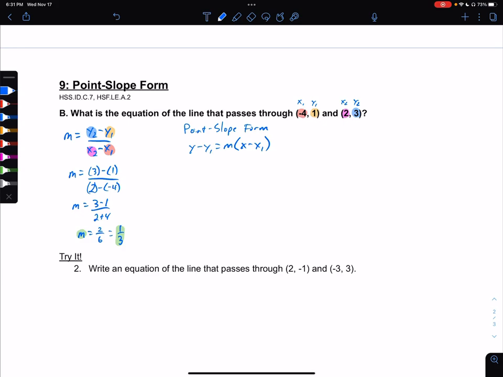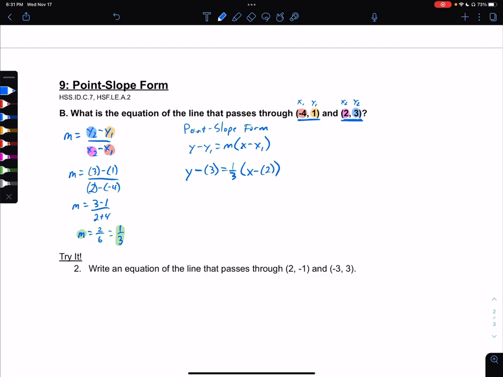You have the choice here of using either point. It doesn't matter if I use this first point here or the second point, but the slope is obviously going to stay the same. So I have the choice. I can say y minus 3, I'm going to use that second point, equals 1/3 times x minus 2.